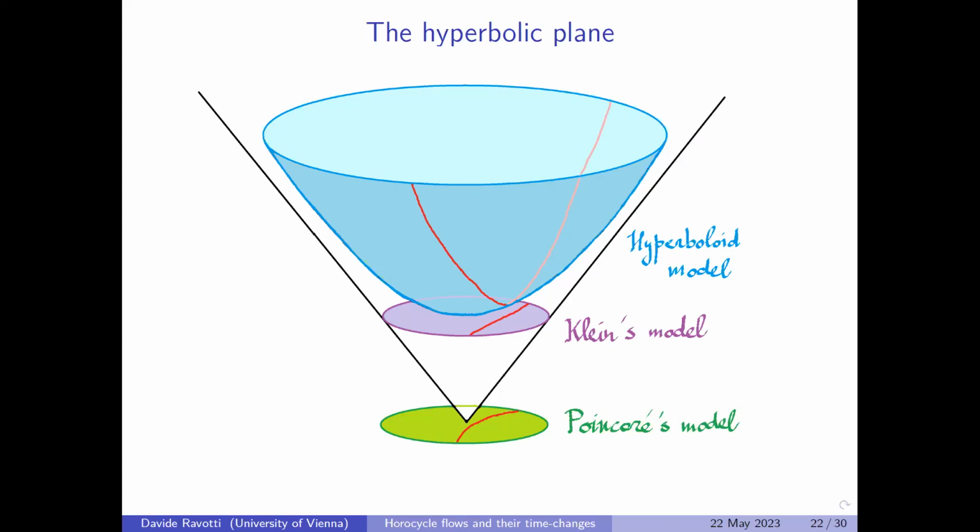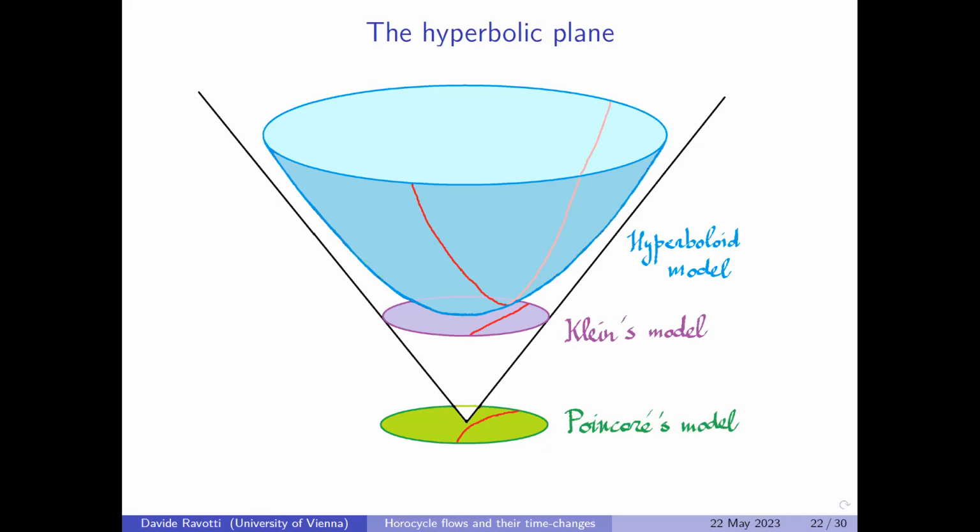In the Klein model, a geodesic is again the intersection of the plane with this disk. And to get the corresponding image in the Poincaré model, if this is the origin, you have to take a point down here, -1, and do a projection in this way. And you get a semicircle in this way.